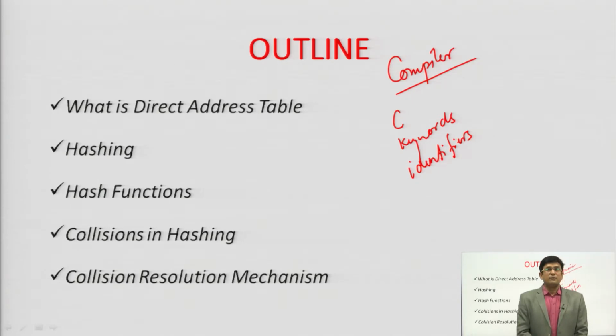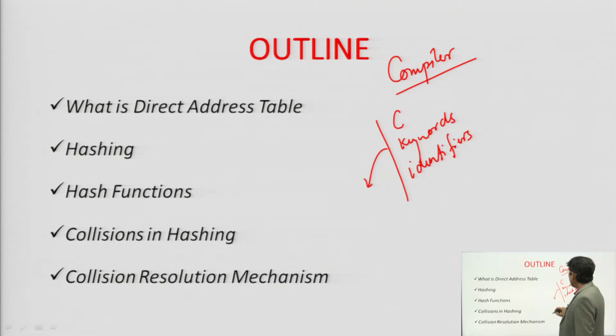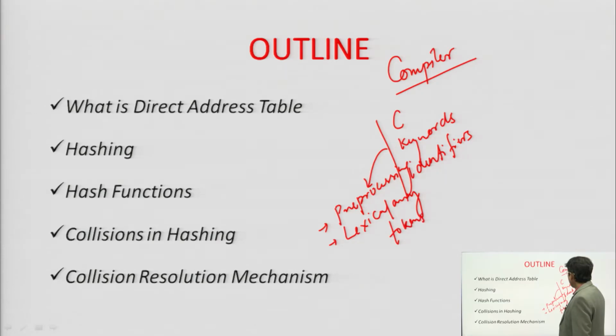तो इन सभी variables और इन सभी keywords को प्री प्रोसेसिंग और उसके बाद लेक्सिकल एनालिसिस फेज में इन सभी टोकन्स, इन सभी आइटम्स को टोकन्स के फॉर्म में एक टेबल में स्टोर कर दिया जाएगा.